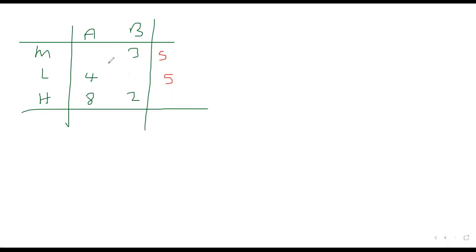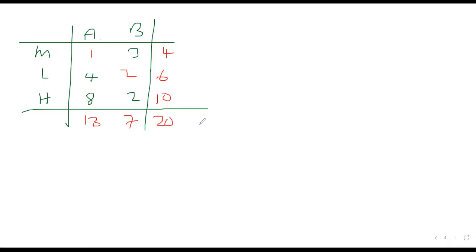We just total up the figures there. When you add this, we get 4. Add here, 6. Add here, 10. And the A row, when you add up, we get 13. Add here, 7. The total here is 20. Right?